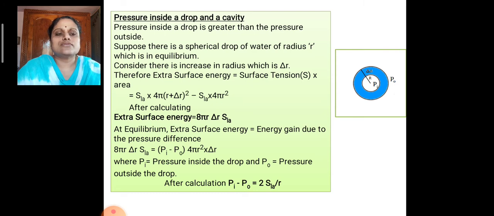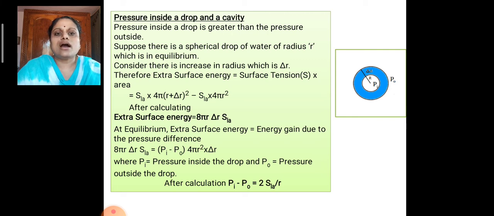We know that the surface area of a sphere of radius r is 4 pi r square. Now, after expanding (r plus delta r) whole square and cancelling the common terms, we get the extra surface energy as 8 pi r delta r into S. At equilibrium, this extra surface energy must be equivalent to the energy gain due to the pressure difference.